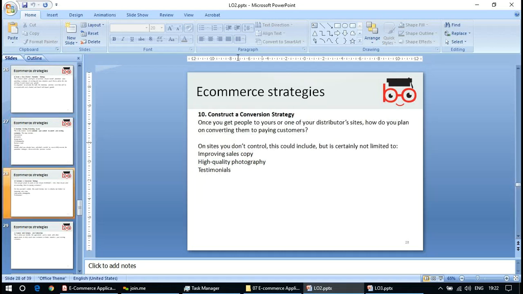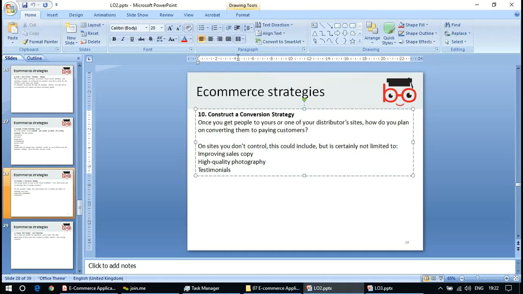Construct a conversion strategy. Once you get people to your site, or one of your distributor sites, how do you plan on converting them to paying customers? Is converting a customer clear to you?